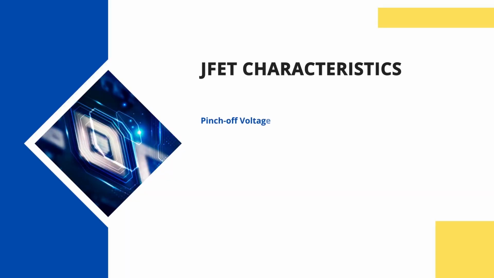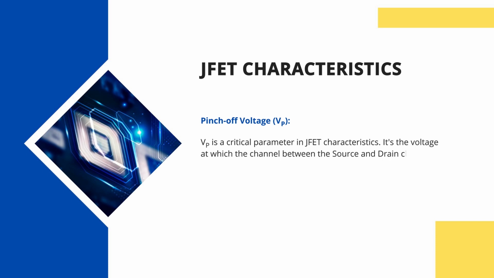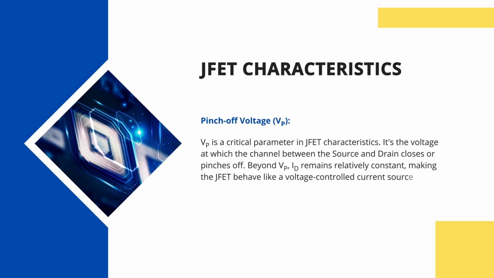Next important term in JFET characteristics is the pinch off voltage. The pinch off voltage is represented as Vp. Pinch off voltage is a critical parameter in JFET characteristics. It is the voltage at which the channel between the source and drain closes or pinches off.